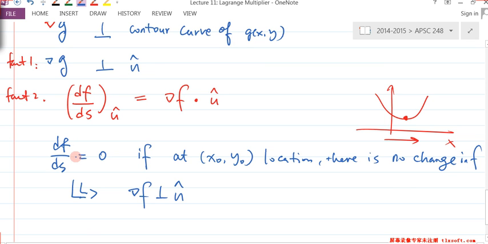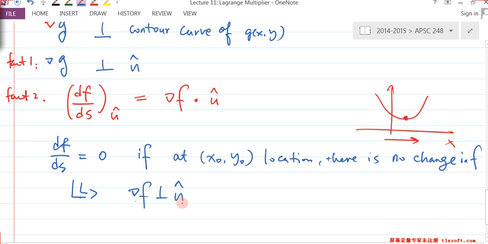Then the slope, or what we call in general the directional derivative, is 0. So the dot product is 0, meaning this vector must be perpendicular to u hat.